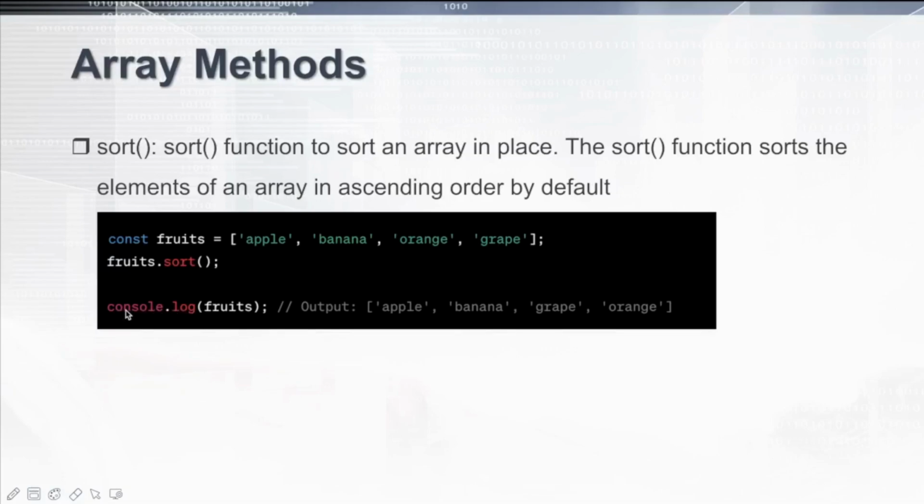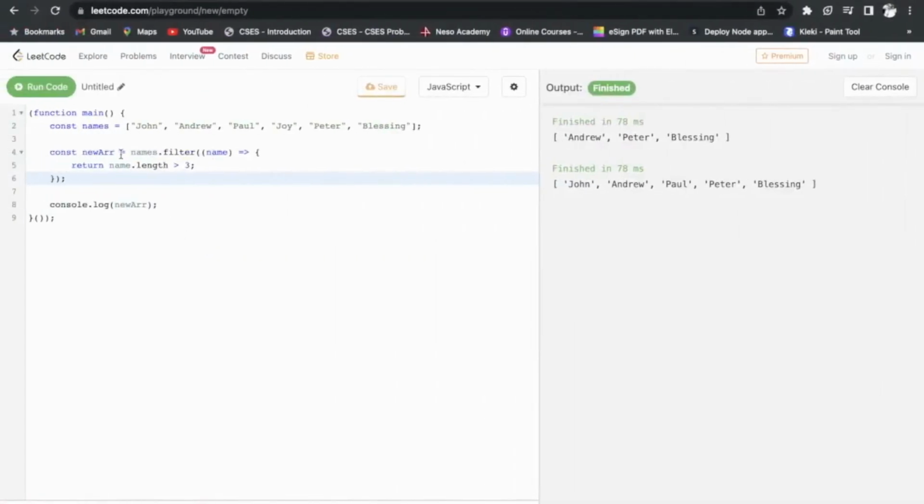One thing we need to understand about the sort method is that it affects the array itself. In the filter method, we saw that the filter method creates a new array while the old one is unaffected. So let's print the old values here, names.